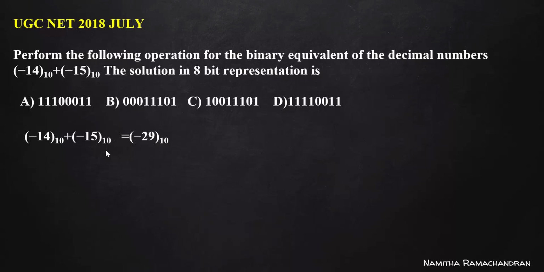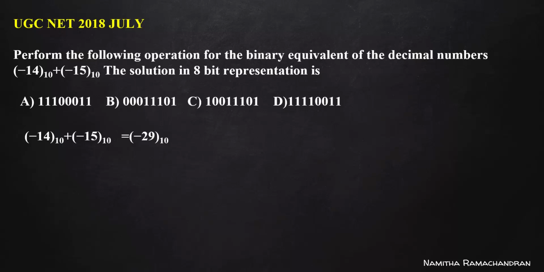While adding these two negative numbers in decimal, we get -29 in decimal. Next task is to obtain its equivalent binary form. Here we need the binary of -29. How is it possible? For getting the binary of -29, we need to take the 2's complement form of the binary of +29.